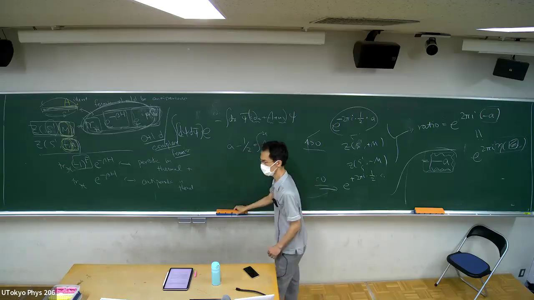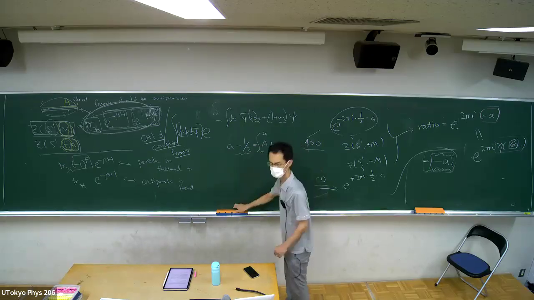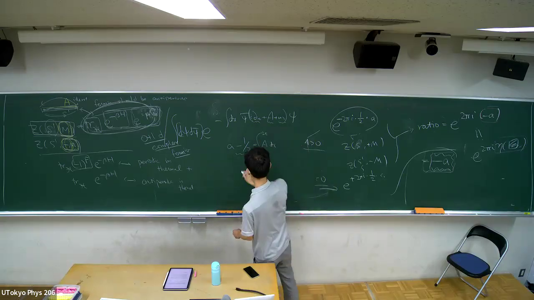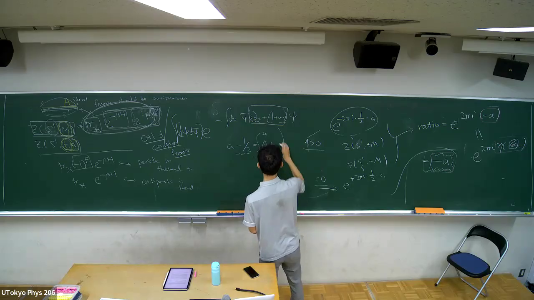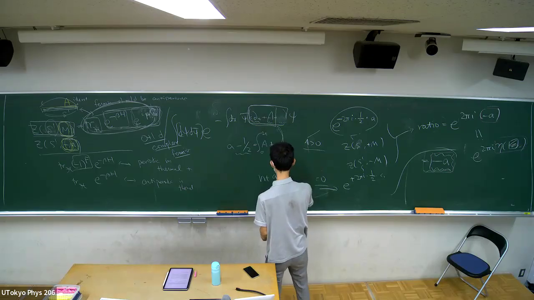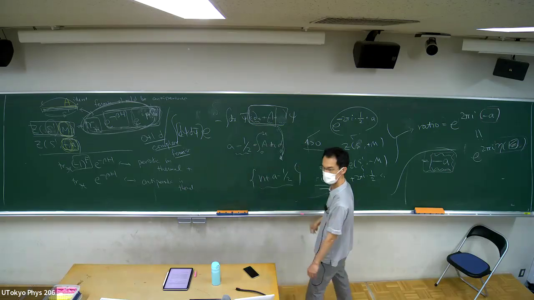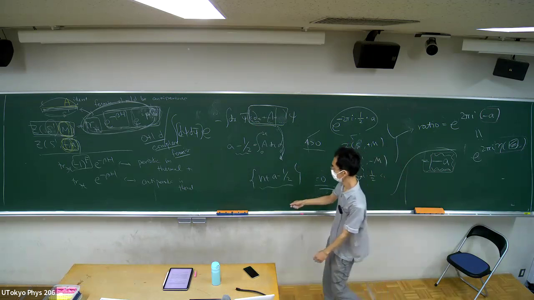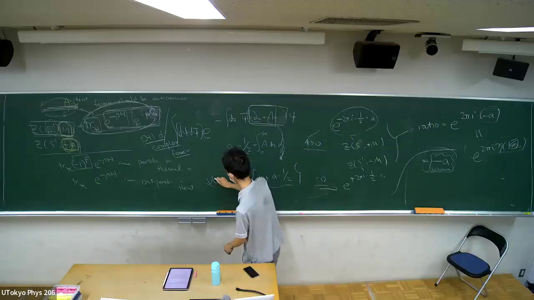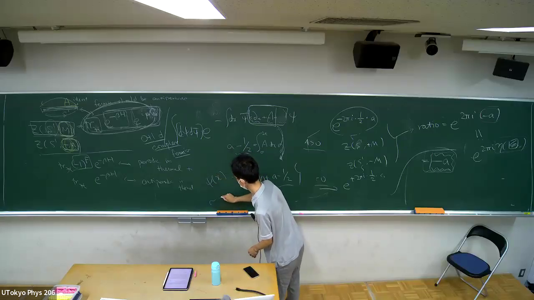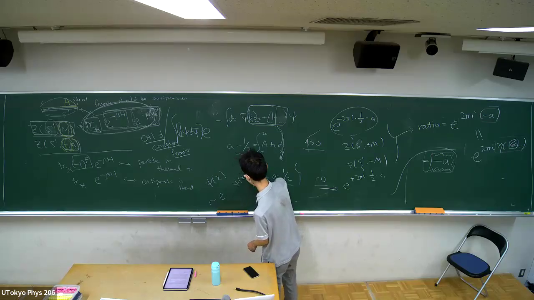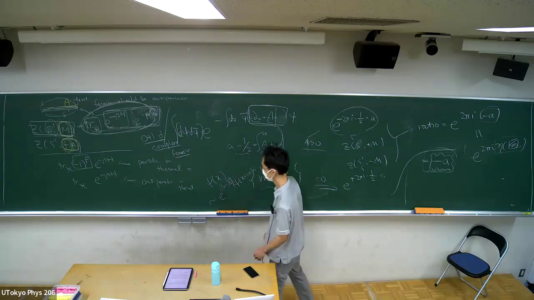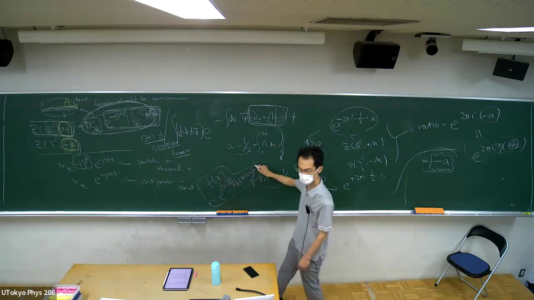But I shift it by 1/2, just by convention, so that the eigenvalue of this thing is just given by n plus a minus 1/2. So it's just that you have a modified boundary condition: if you go around by 2 pi, you get a phase of e to the i(a minus 1/2). That's the boundary condition I'm imposing.